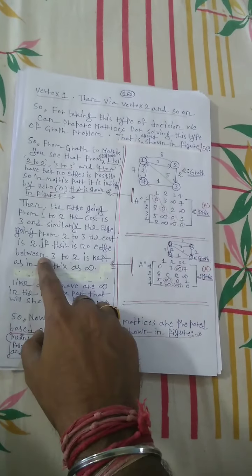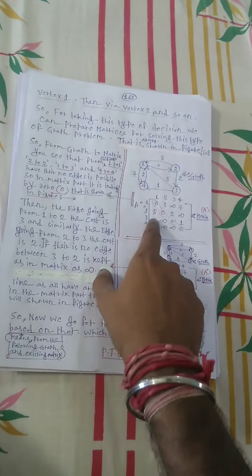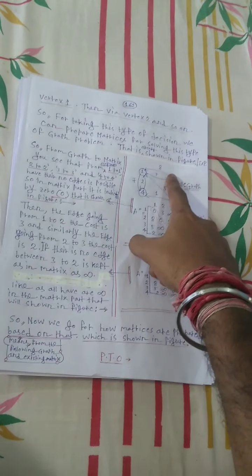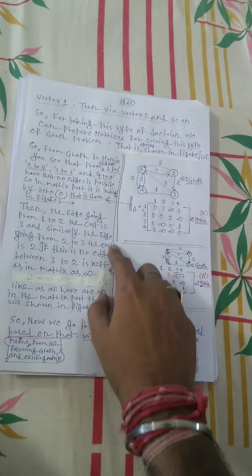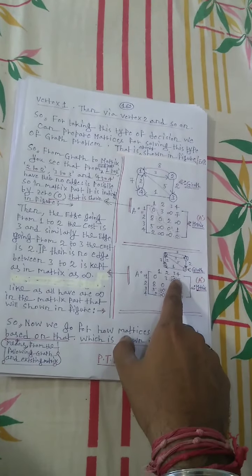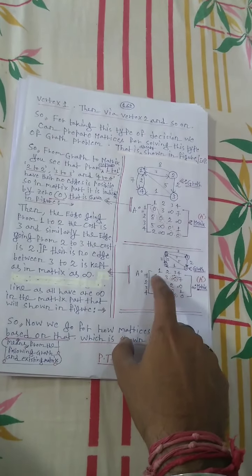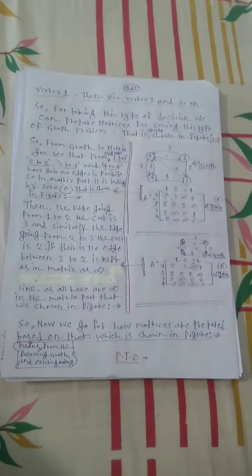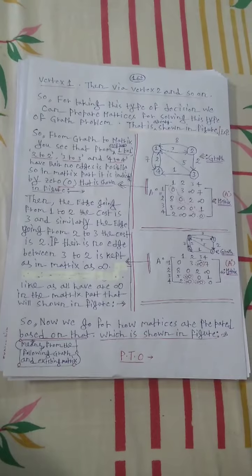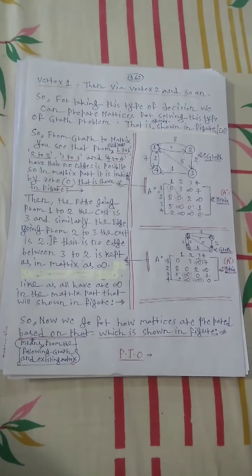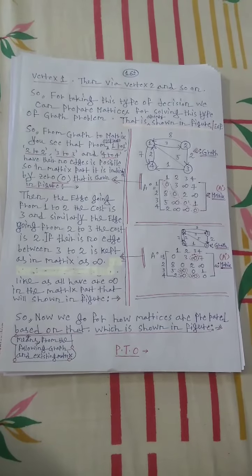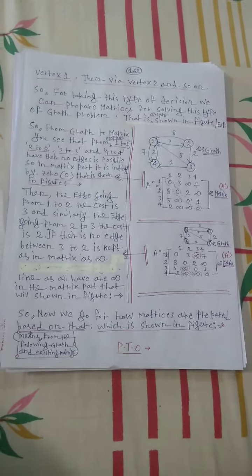If there is no edge from 3 to 2, then it is kept in the matrix as infinity. So 3 to 2 is kept as infinity. Like that, all missing edges are infinity in the matrix, as shown in the figure. Now we go on to see how the matrices are prepared based on that.